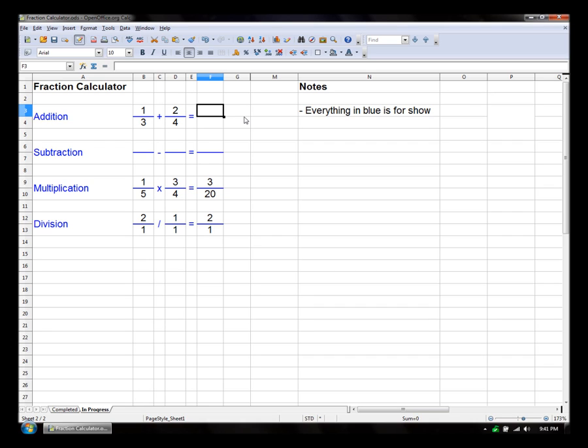So what we want to do is get them into the same terms first. So for the denominators, we do that cell times that cell. It's 12. Then what we want to do here is get both of the numerators to have the same terms. So we want them to be in twelfths.